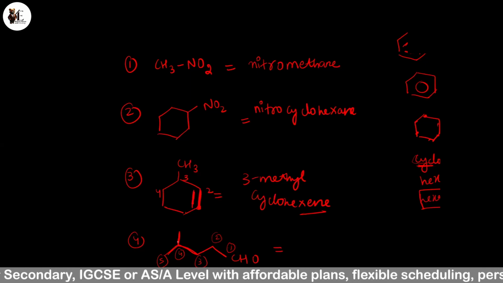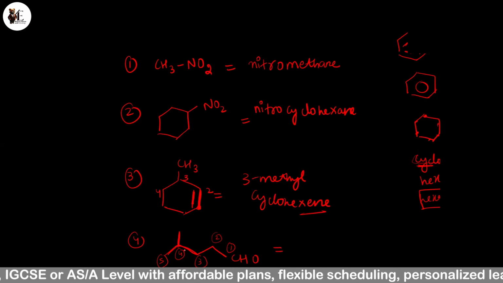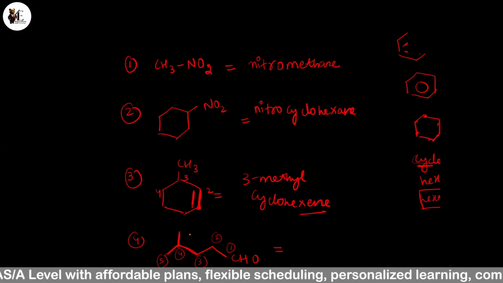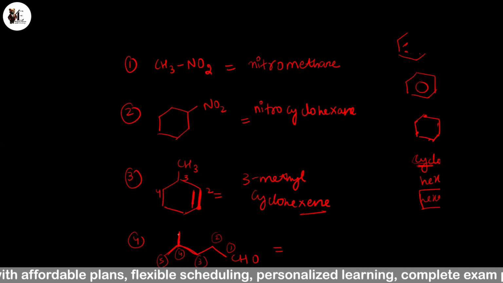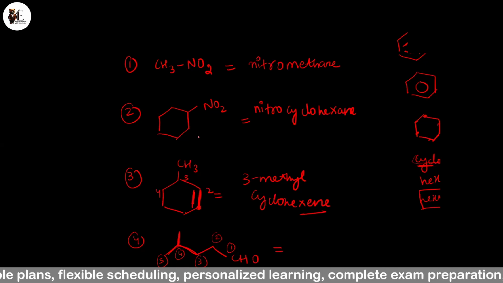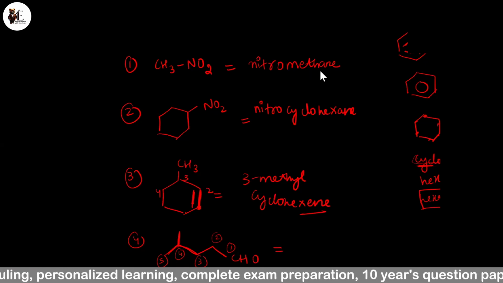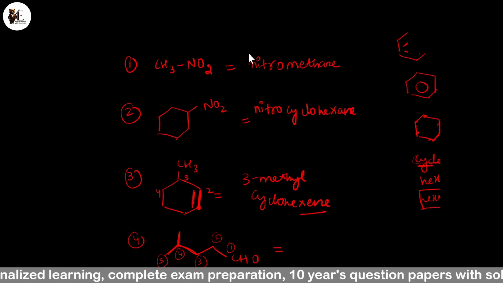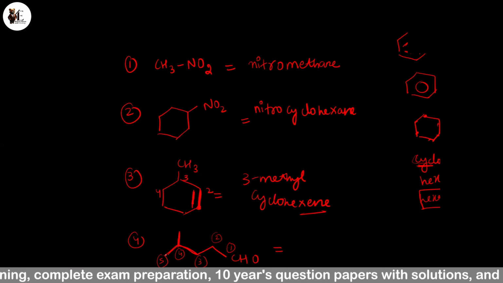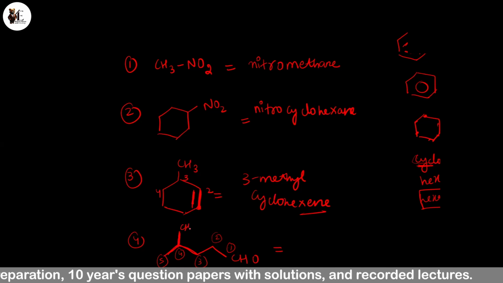Which group is attached at 4th position? Isopropyl. Why not iso? I think you have forgotten the skeletal formula. This line means that it is a CH3 group only.